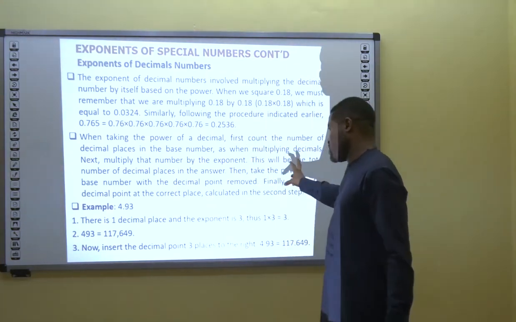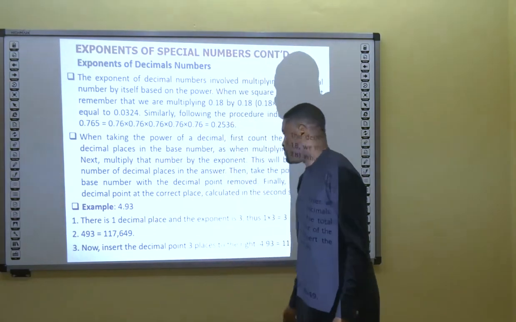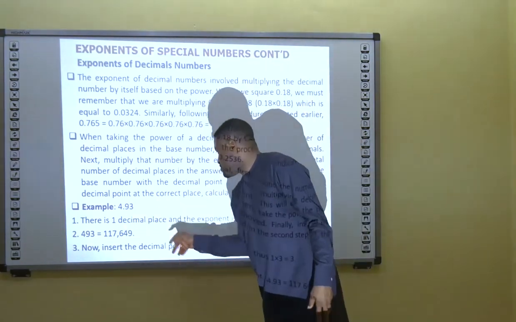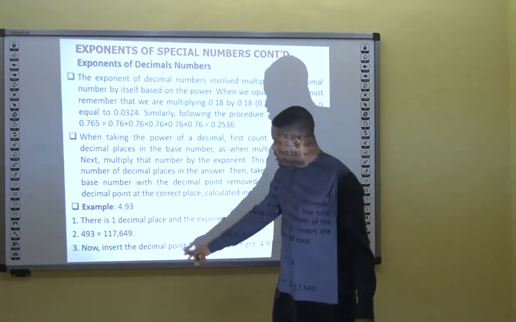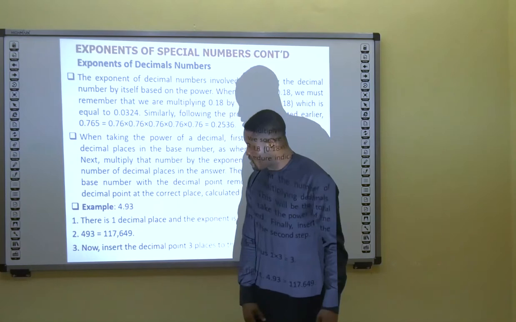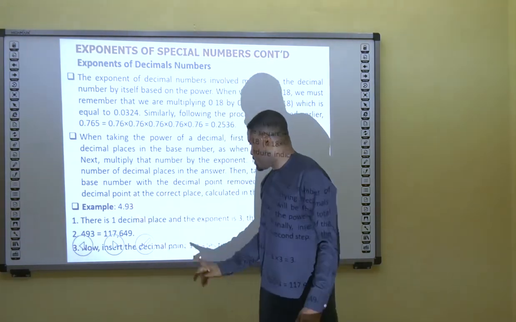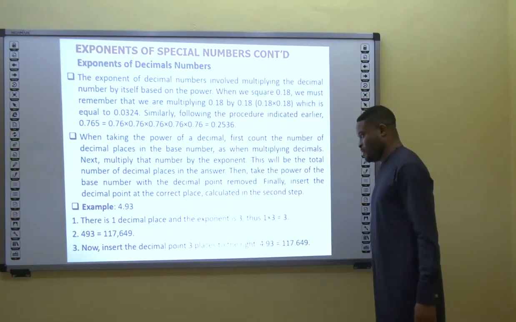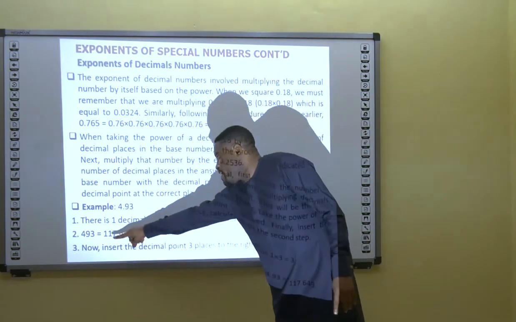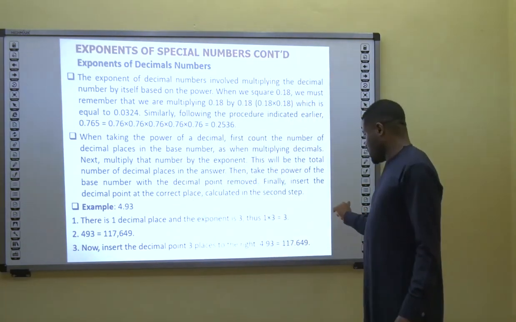You see that the same thing happens here. For example, you have 4.9 to the power 3. There is only 1 decimal place, and then the exponent is 3. So this is 4.9 raised to the power 3. One decimal place, and the exponent is 3 because it's raised to the power 3. When you do that, you multiply it 3 times, and you get that answer.